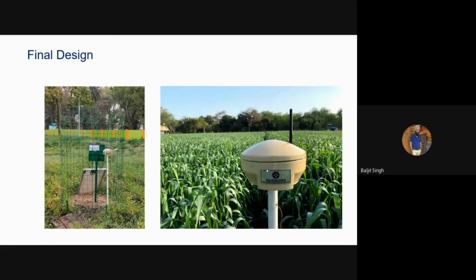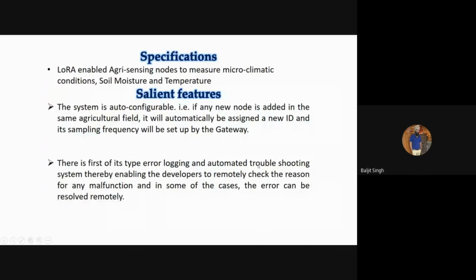If the battery is getting low, the battery percentage will be transmitted to the gateway. I think there were around 11 different error conditions.